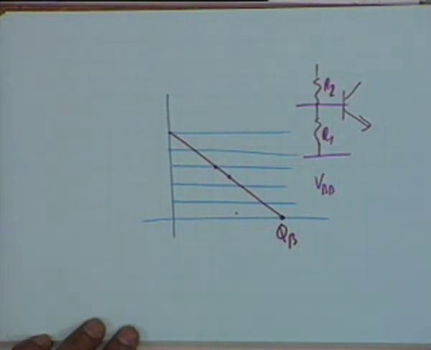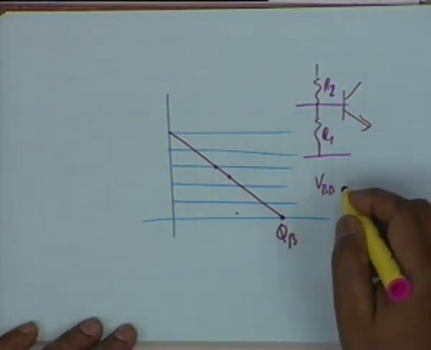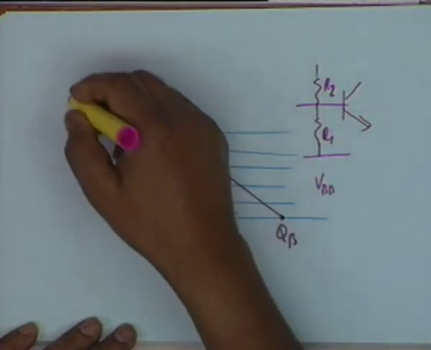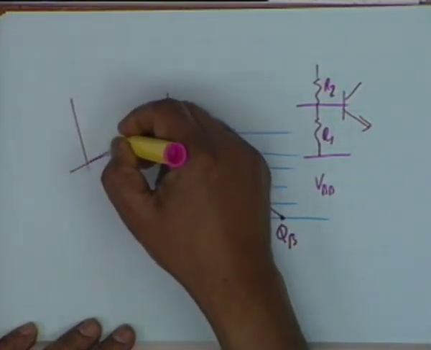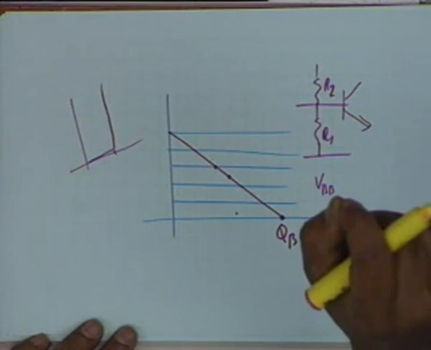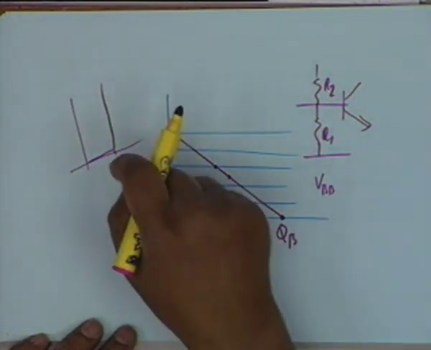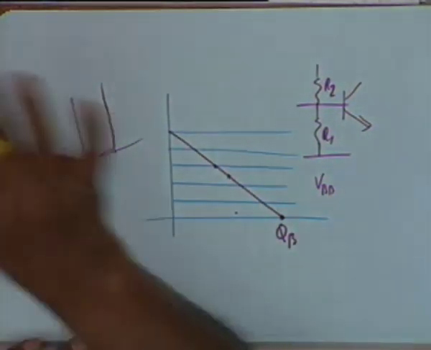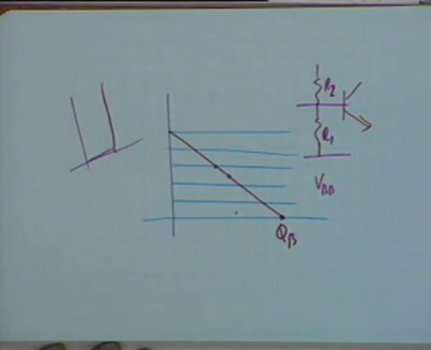Agreed? It is so arranged that the base emitter junction of the transistor is biased exactly at 0.7, so that if the base voltage is less than 0.7 the transistor does not conduct, all right.